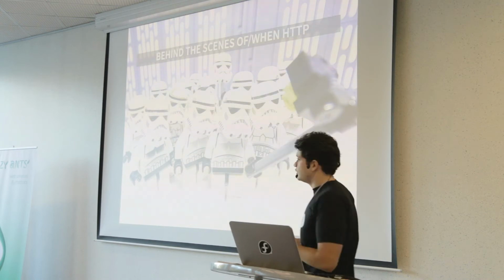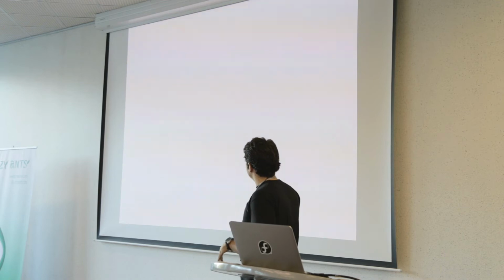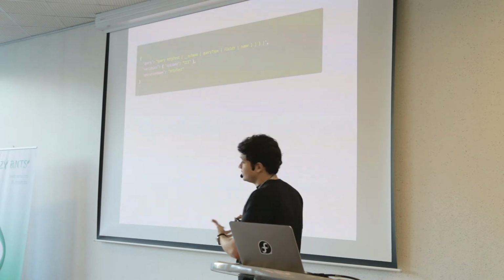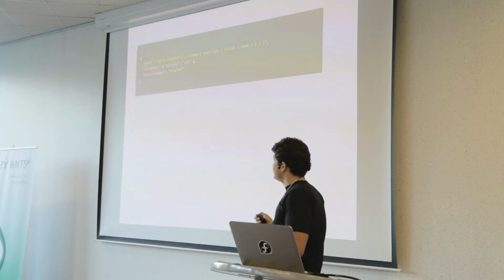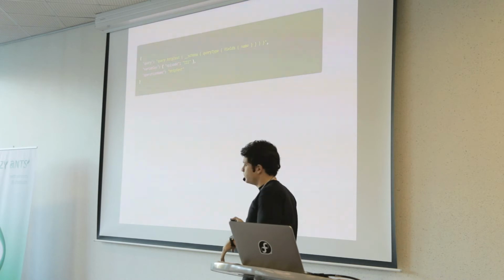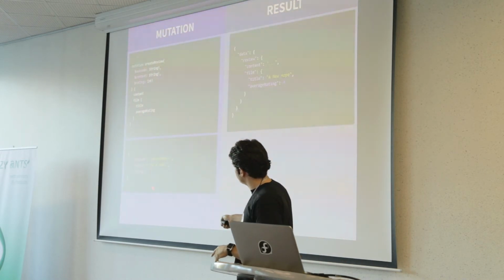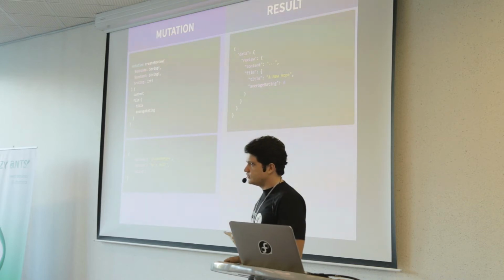So how does this actually work behind the scenes, HTTP speaking? It's really simple. We send a JSON to the server. In this case, the query is a string. So the query we send is always going to be like this ugly string. But the variables we sent before, in this example, are all sent in native JSON.